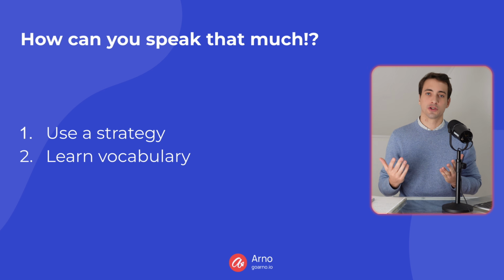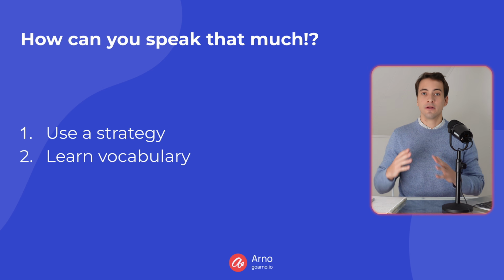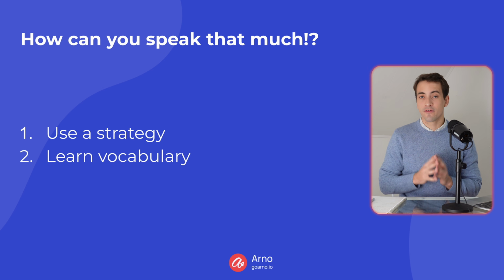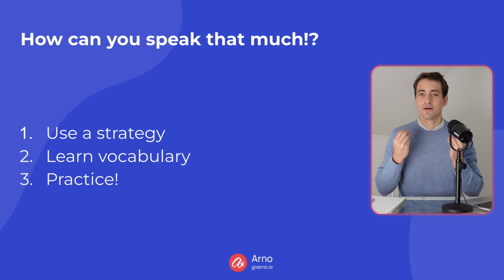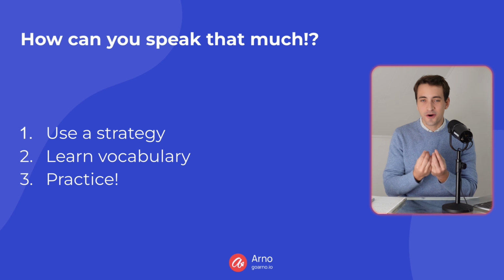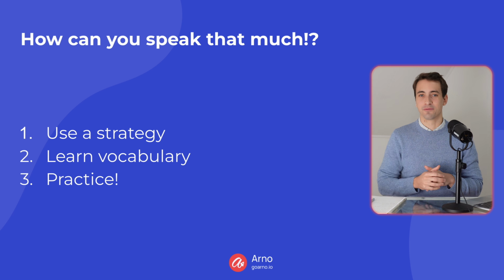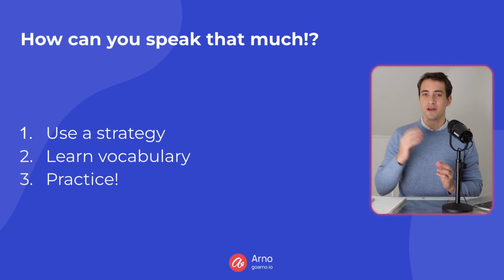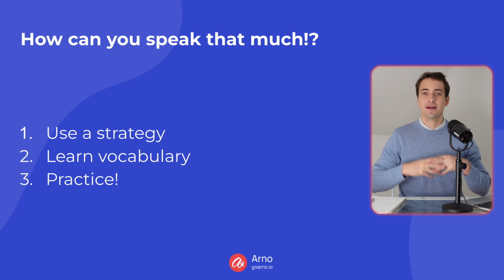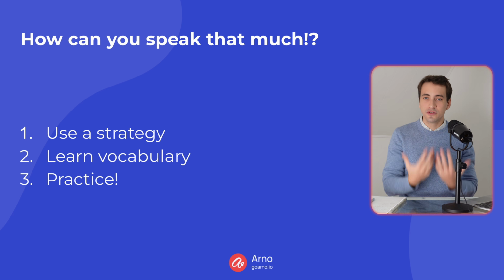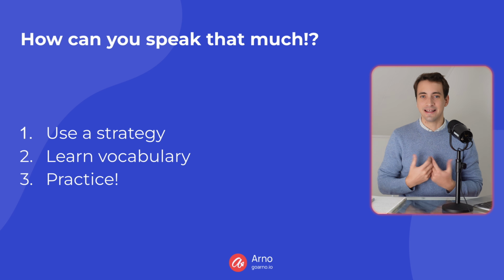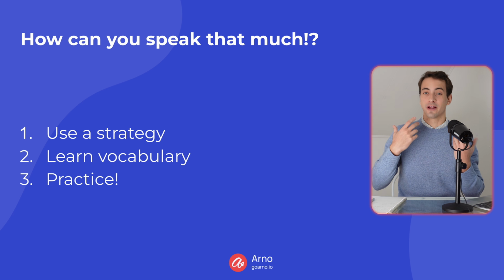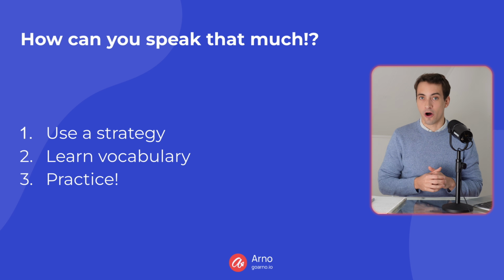You really need to make sure that you have broad vocabulary so that you are prepared for whatever images you see on the test. And finally, practice. There is simply no way to improve without practicing. So watch these videos, learn the vocabulary, but then be sure that you do practice questions in Arno so that using these strategies and this vocabulary becomes easy for you, so that you can do it quickly and accurately on the test.